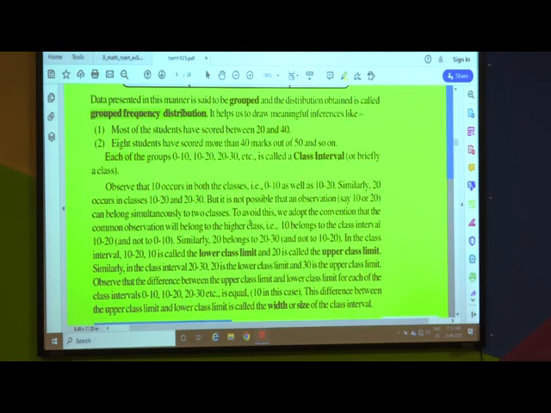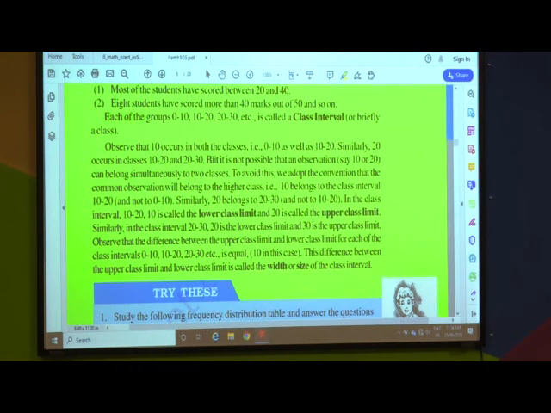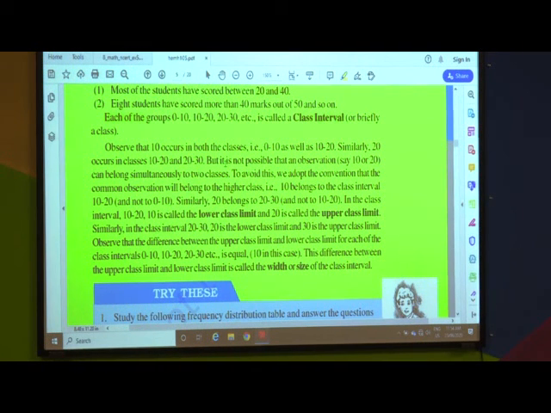The same we are going to observe. 10 occurs in both the classes, 0 to 10 as well as 10 to 20. Similarly, 20 occurs in classes 10 to 20 and 20 to 30. What is the main challenge in this? Is it possible to write 2 times?